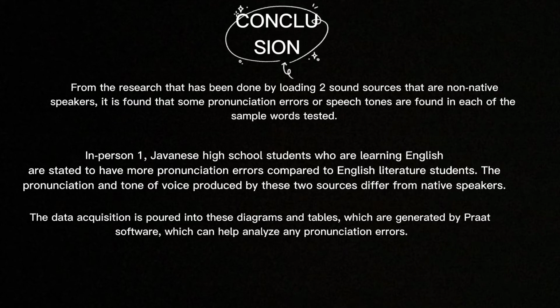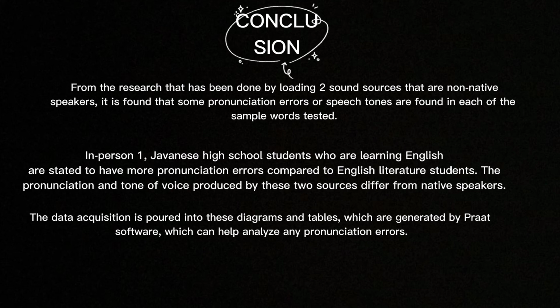Conclusion: from the research that has been done with two non-native speaker sound sources, it is found that some pronunciation errors or tone differences appear in each of the sample word tests. Person 1, the Japanese high school students who are learning English, is stated to have more pronunciation errors compared to the English literature student. The pronunciation and tone of voice produced by these two sources differ from native speakers.